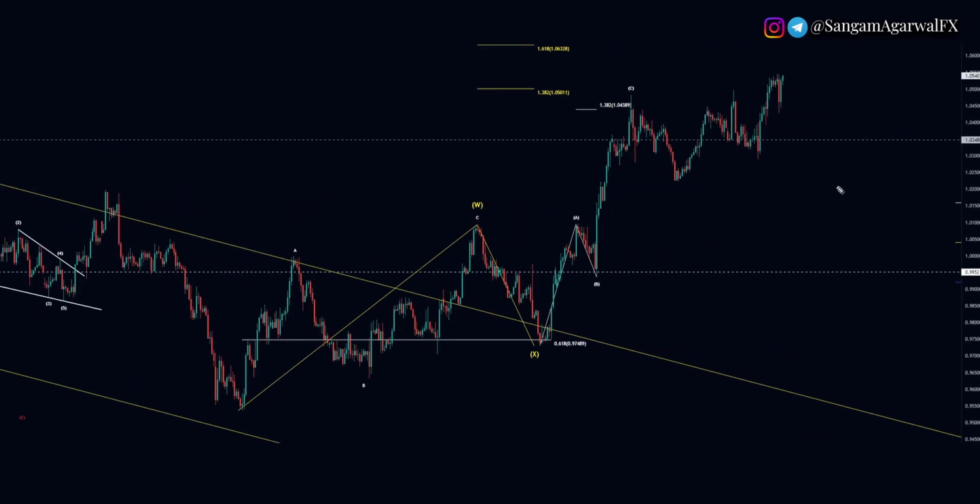Because if we look at the H4 time frame, that was the resistance, and it saw a strong resistance on that level, but after the Fed speech it changed everything.